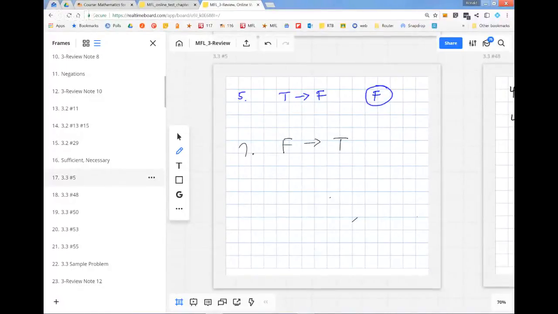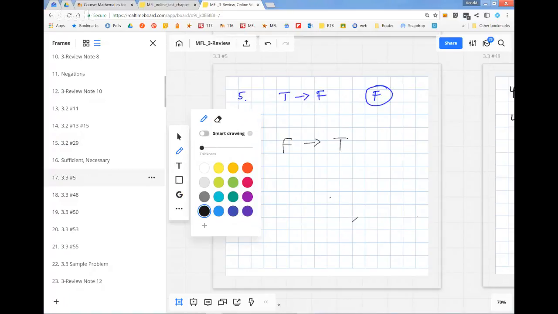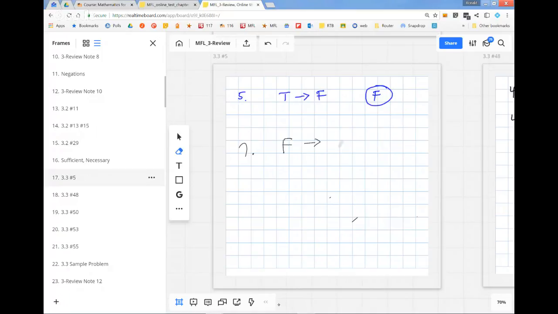Wait, are we on 7? Am I looking in the wrong place? Yep, I'm looking in the wrong place. Okay, the second part of number 7 is 4 equals 26, and that's false, right?